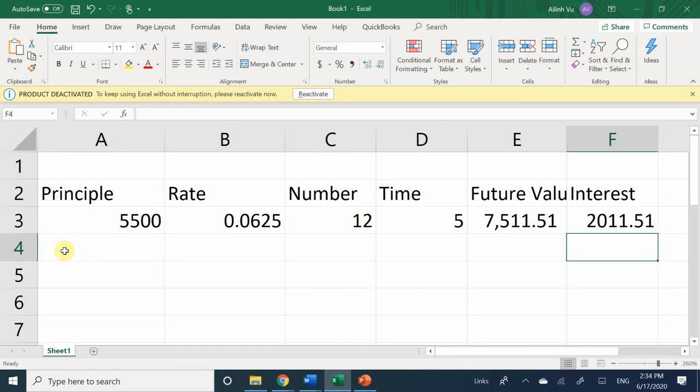Or yes, in this case, it increased by 2.2 times. Okay, because we went from 5,000 to 7,000, so that's a lot of money. Okay. All right. So that's how you do that.